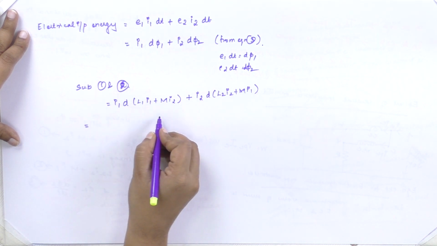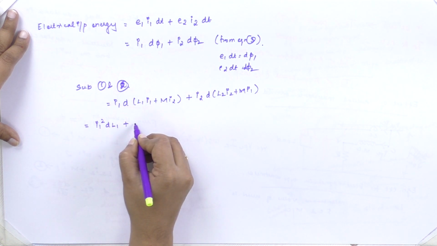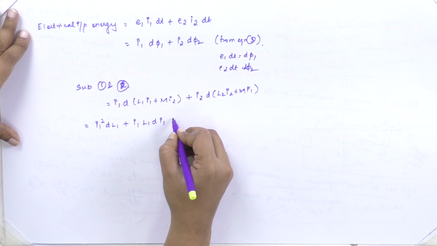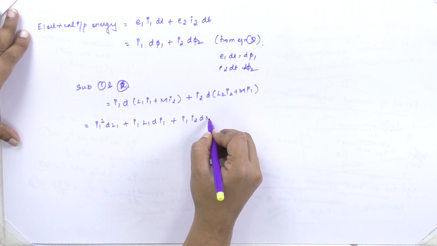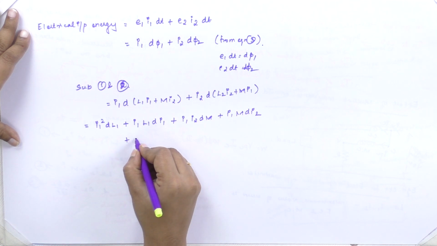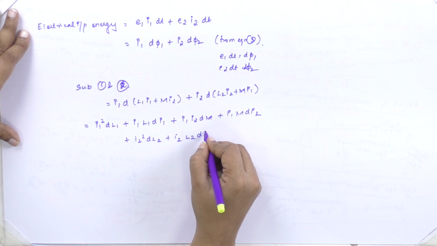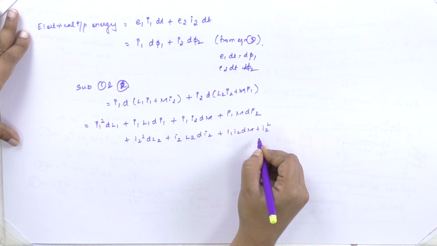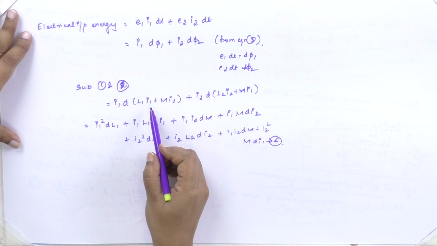Differentiating this equation, we will get I1 square dL1 plus I1 L1 dI1 plus I1 I2 dM plus I1 M into dI2 plus I2 square dL2 plus I2 L2 into dI2 plus I1 I2 dM plus I2 M into dI1. So I have differentiated all these terms.